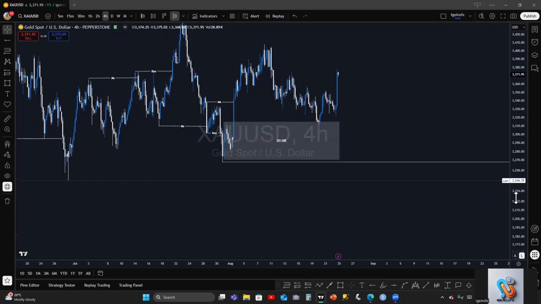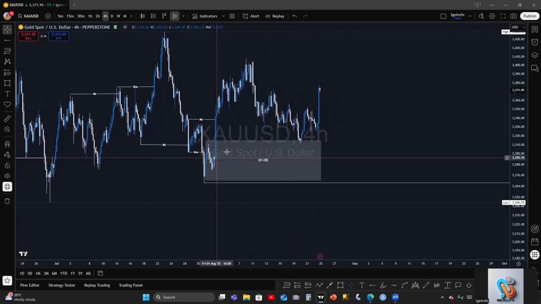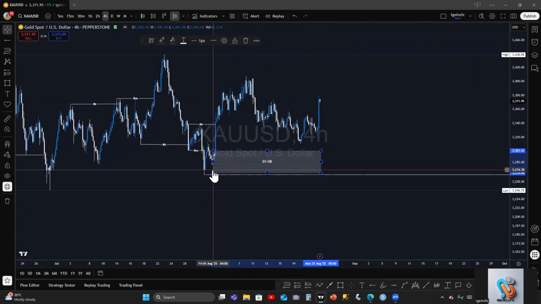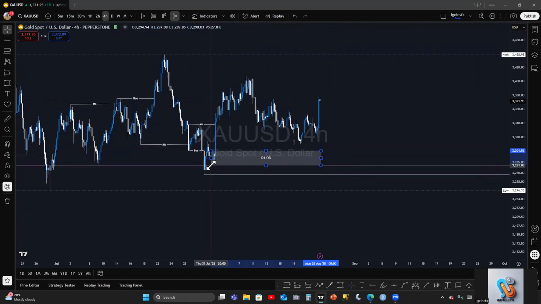Okay, so at this point, we know that we have scaled down to 4 hours. Now what we need to do is see price reacting from this level. If we narrow it down to the 4 hour point of view, this is the order block here.